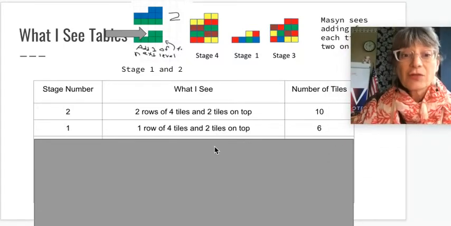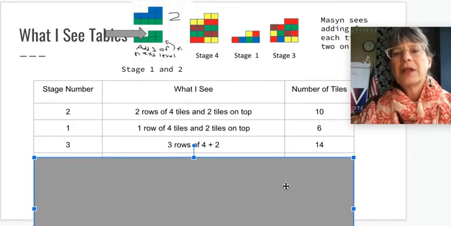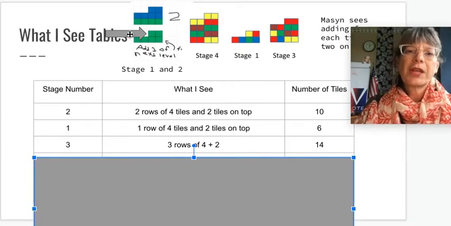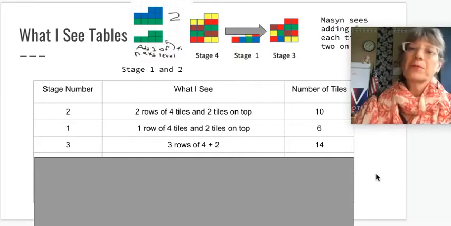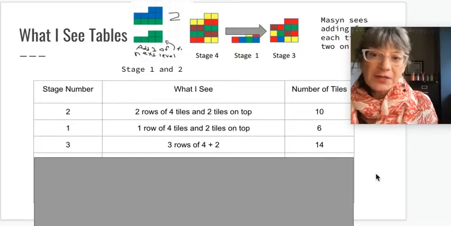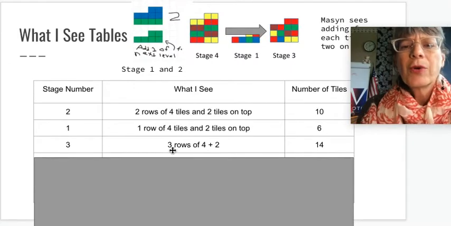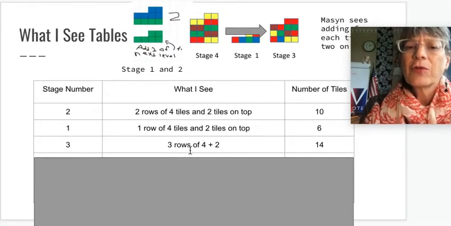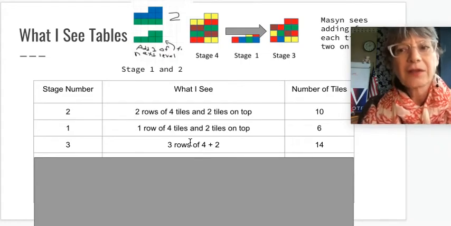So in the next row, we're going to take the way Mason sees the pattern and apply it to stage 3. So at this point, maybe we're feeling pretty confident with being able to see this in the way that Mason sees it. So we know that it's 3 rows of 4, and we know we're talking about tiles now.